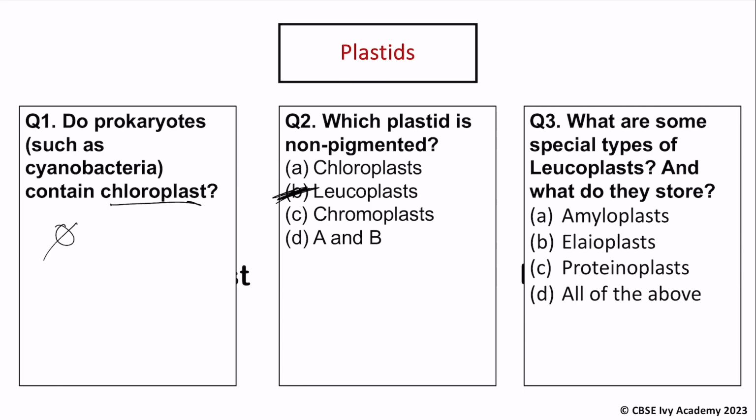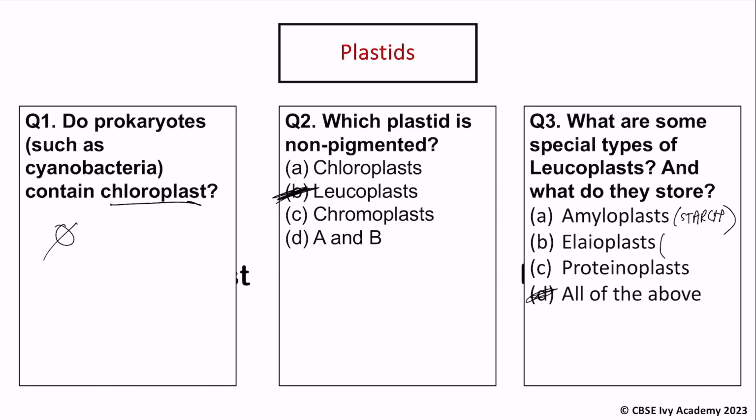What are some special types of leucoplasts, and what do they store? Amyloplasts, oleoplasts, or proteinoplasts? The answer is all of the above. Amyloplasts store starch, which is a complex carbohydrate.